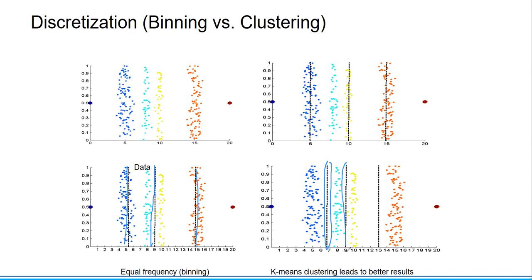So the splitting value of this clustering, or the centroid, is showing a better result than the binning actually. But the binning is a simpler way to split the data compared to the clustering, where we need to use some kind of algorithm to make the clustering happen.